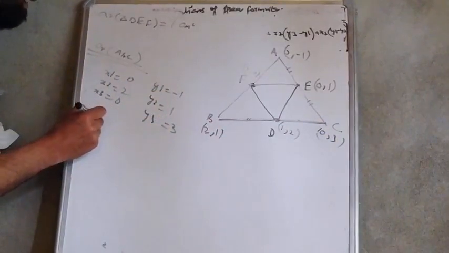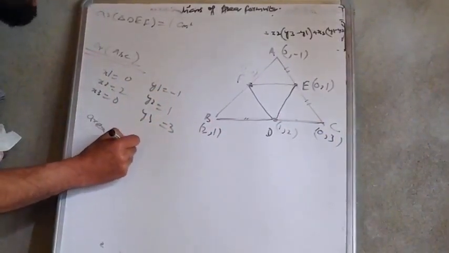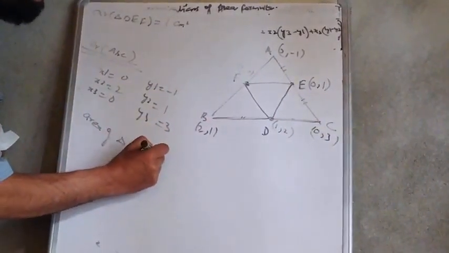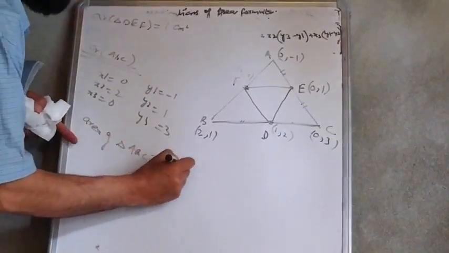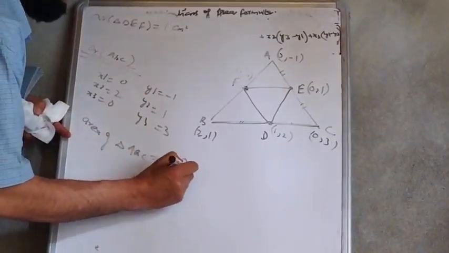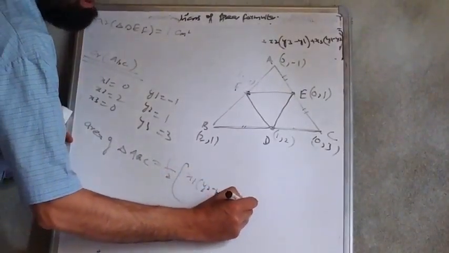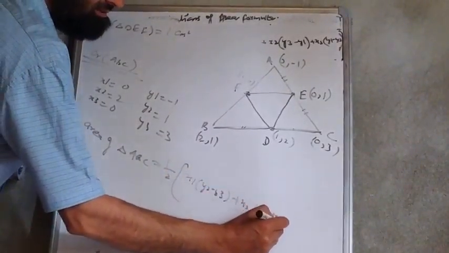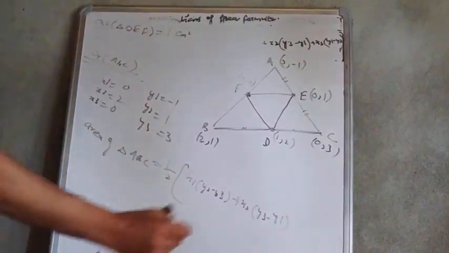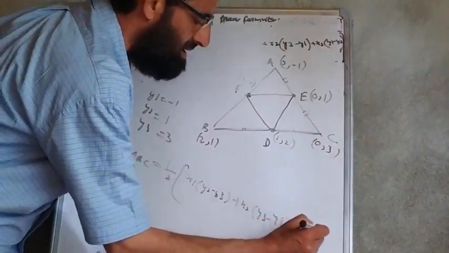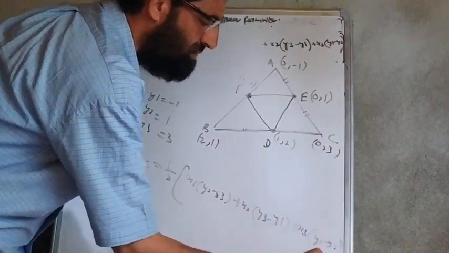Now, area of this triangle ABC is equal to 1 by 2, same formula, x1 into y2 minus y3 plus x2 into y3 minus y1 and plus x3 into y1 minus y2.